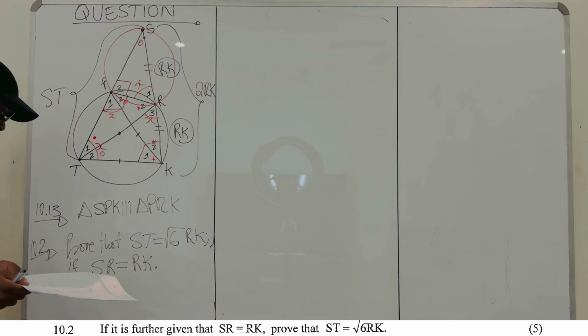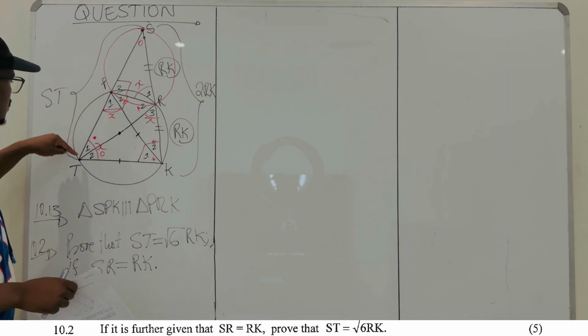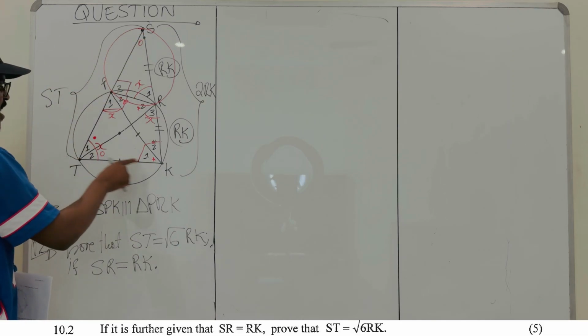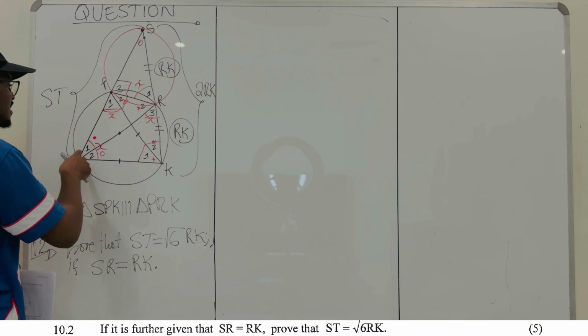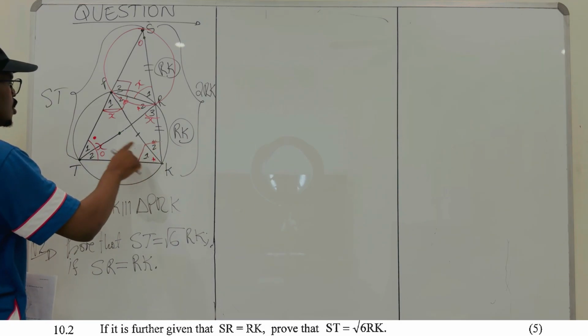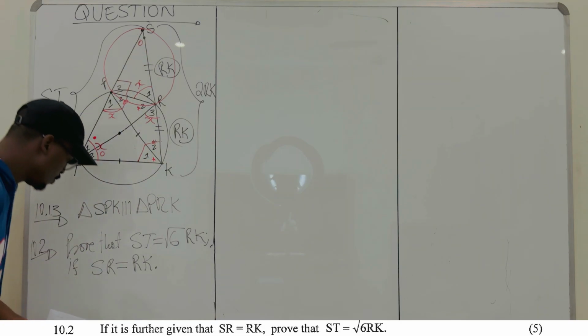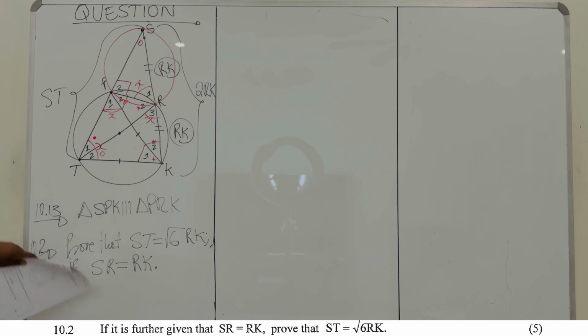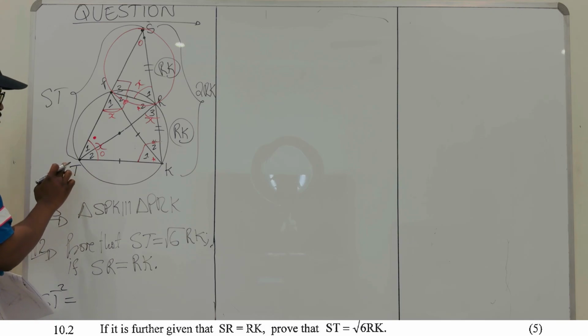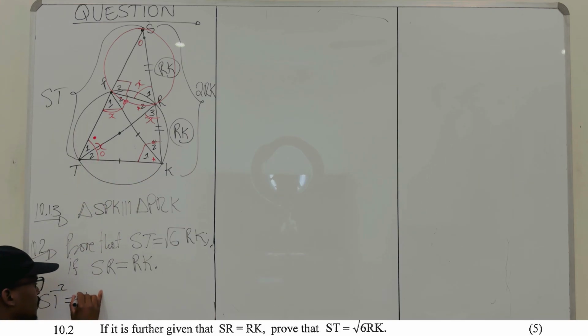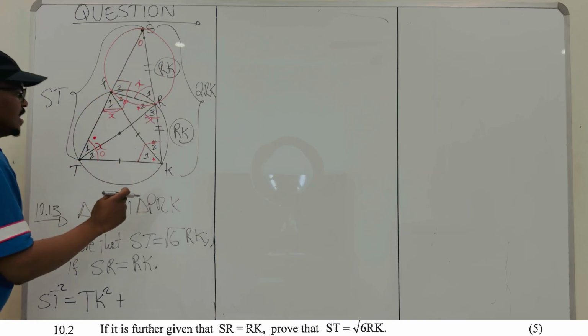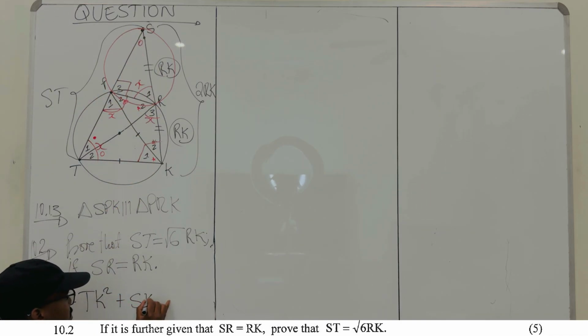So we need to find ST. ST is this. So if you look in triangle STK, STK is a right angle triangle. There is your 90 degrees. So this ST is the hypotenuse. So we can say, okay, look, ST squared, which is the hypotenuse squared, is equal to TK squared plus SK squared.